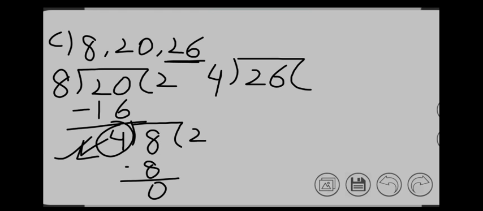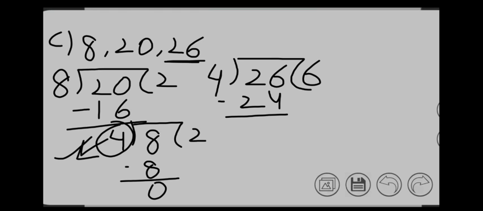Now I will see whether 26 comes in the table of 4 or not. As we know, 26 is not divisible by 4, so we will take a smaller number. We can take 4 6s are 24. Now we will subtract.